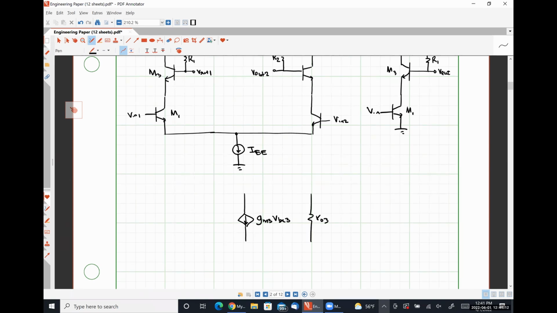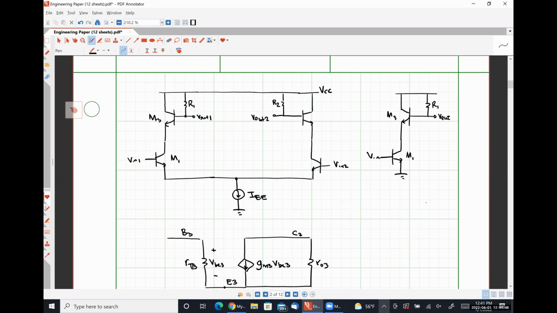Here's r03, which makes this terminal up here the collector of transistor 3. Here's r pi 3. Here's VBE3. And this is our base for transistor 3, and this is our emitter for 3.